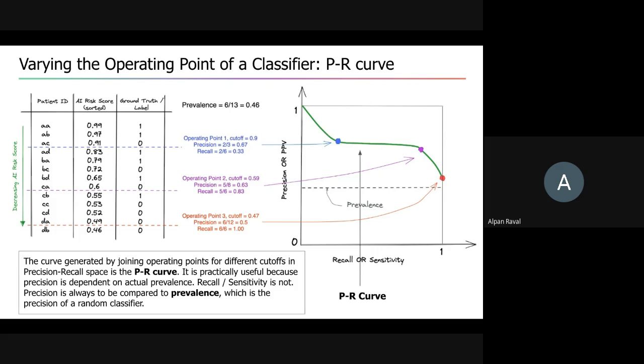Remember, sensitivity is the proportion of your actual positives that are predicted to be positive. So you need to know which ones are actual positives in the denominator. Whereas precision is the proportion of the predicted positives that are actually positive.